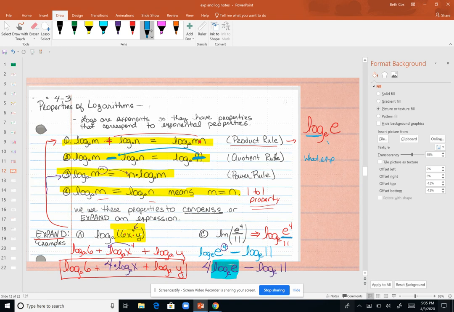And then the base, it says what exponent turns E into E? What exponent turns E into E? Well, that would be 1. Log base E of E is 1. This is very important. That's 1.